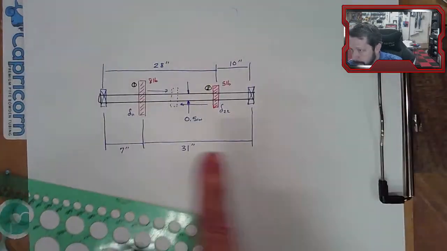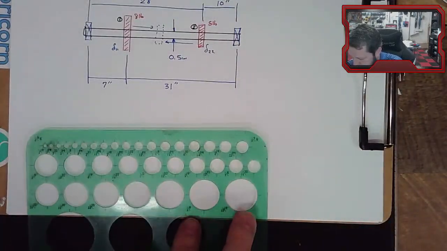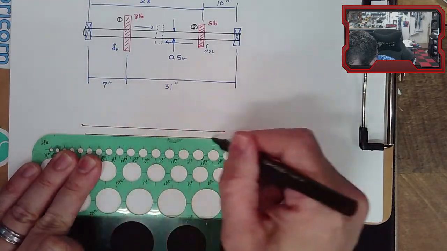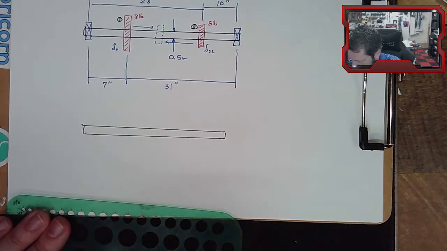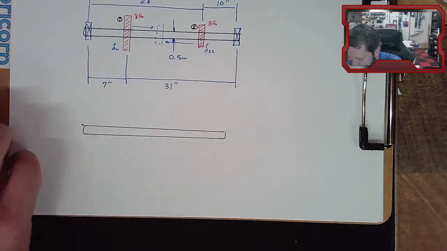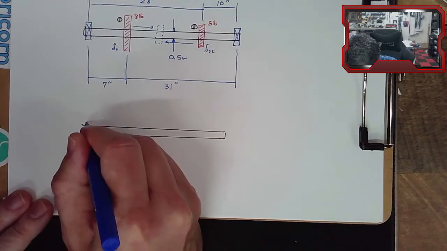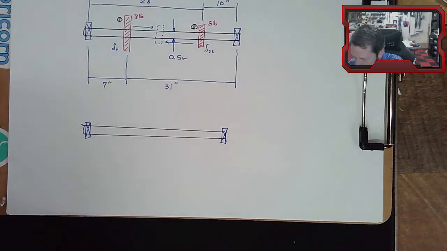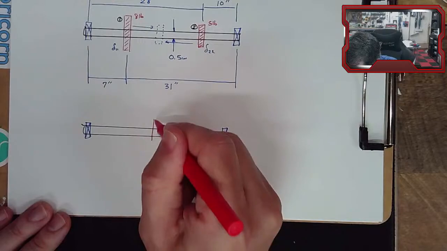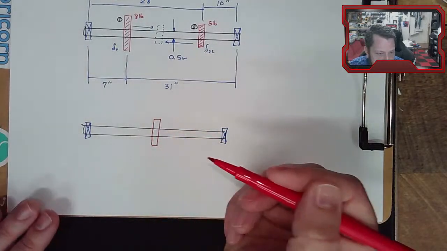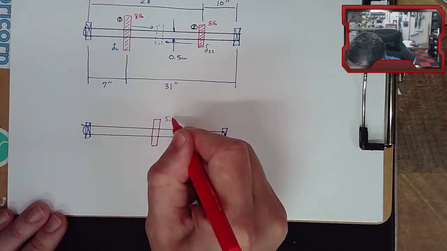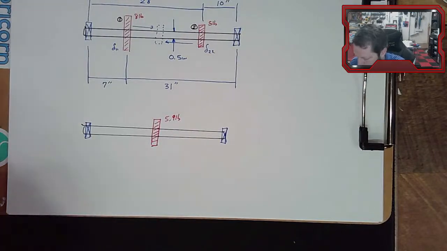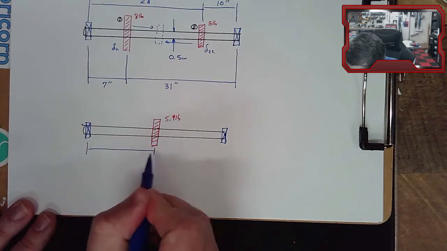We have taken this and made this from it. So we still have our bearings on the ends, but now we have a single 5.9 pound element in the center of our beam.